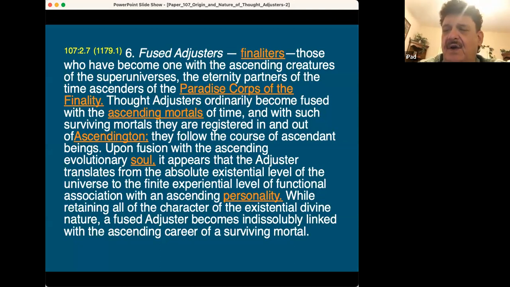Upon fusion with the ascending evolutionary soul, it appears that the adjuster translates from the absolute existential level of the universe to the finite experiential level of functional association with an ascending personality, while retaining all of the character of the existential divine nature.